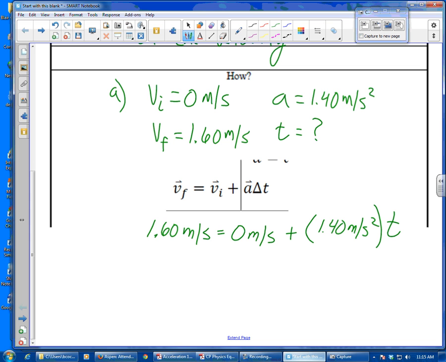It's squared because acceleration is describing the rate the velocity is changing. So it's saying every second it's changing by this many meters per second. So that ends up being meters per second per second. Just like velocity is describing the rate your position is changing. So it's saying for every second it's going this many meters. That makes sense?